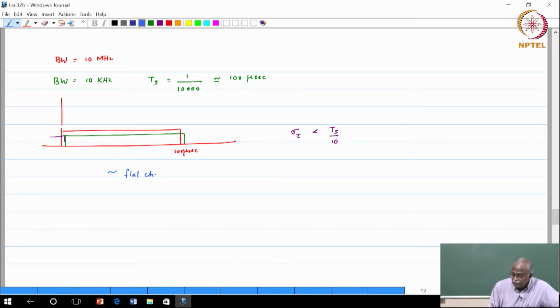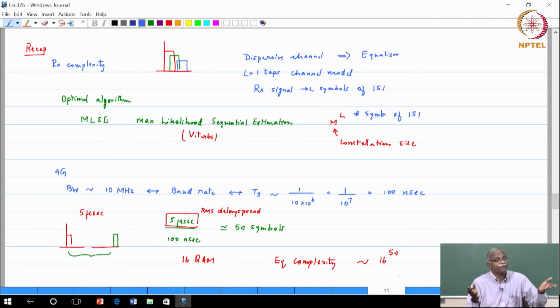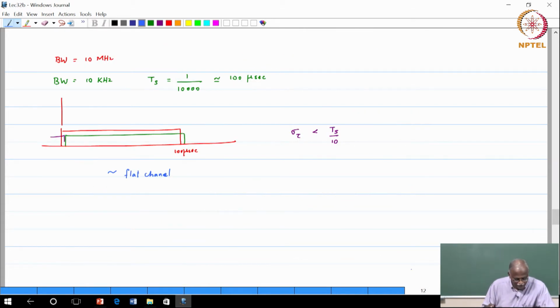Notice that this 5 microsecond RMS delay spread looked like a terribly dispersive channel for a 10 megahertz signal, but for a 10 kilohertz signal it was not a problem at all. So the goal is to choose your N number of subchannels such that you get 10 times 10 to the power 6 divided by 10 to the power 4, roughly of the order of 1000.